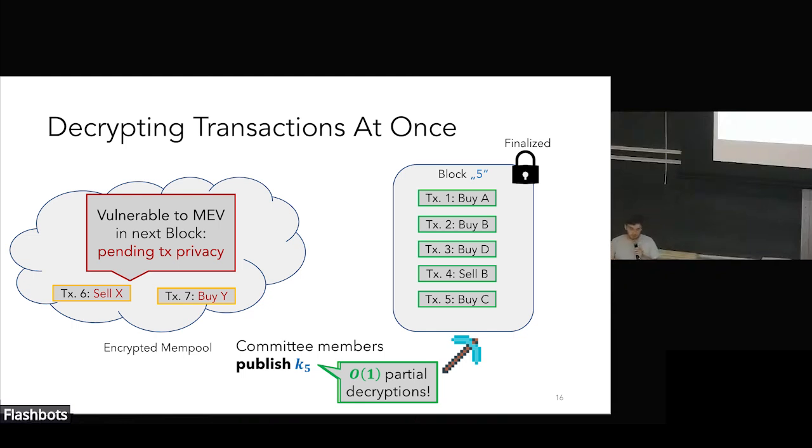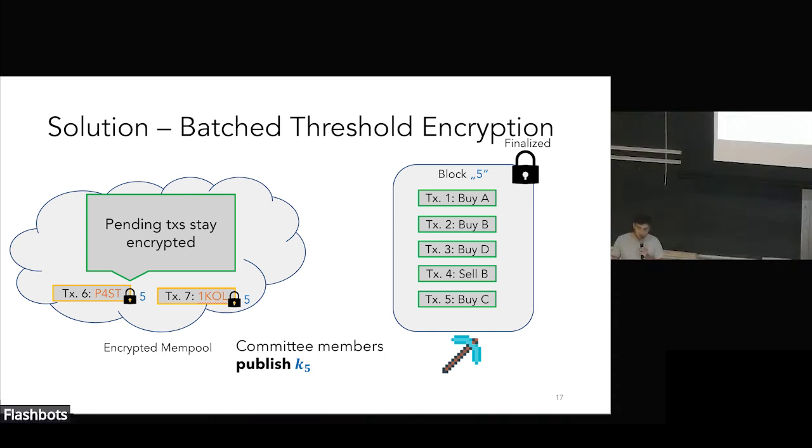And this is a property we want to avoid. We call this property pending transaction privacy. What we want instead is to be able to decrypt exactly the transactions in the block, but transactions that are stuck in the mempool stay encrypted, so they are not vulnerable to MEV.